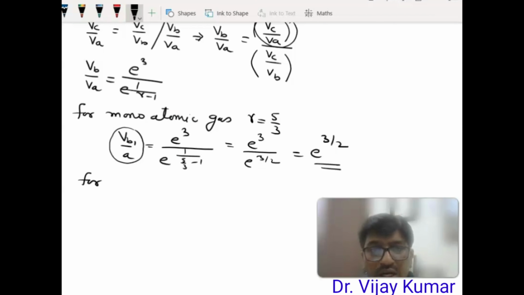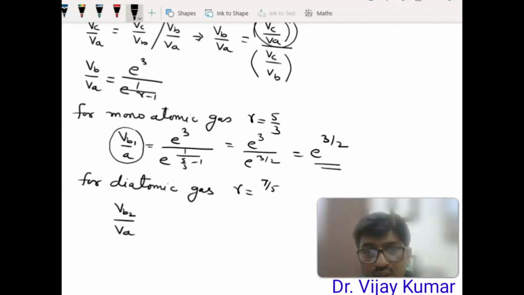For diatomic gas, gamma is equal to 7 by 5. So we can write VB2 upon VA is equal to e cube upon e to the power 1 upon (7/5 minus 1).